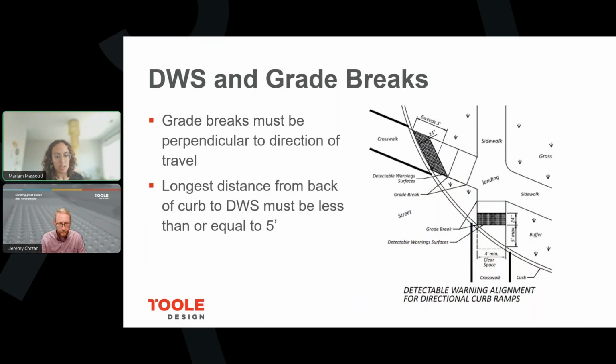Jeremy's kind of already talked about how detectable warning surfaces relate to grade breaks for directional ramps. But just to reiterate, you'll install the detectable warning surface so that basically one corner would be at the very back of curb, as long as the distance from the closest edge of the detectable warning to the back of curb is no more than 5 feet at the farthest point.